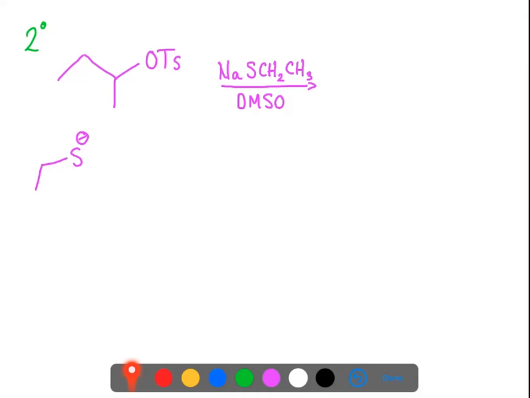And so in this example, we will have nucleophilic attack onto the alpha carbon and loss of leaving group. That's going to generate a sulfide as shown. And we will also generate a leaving group.